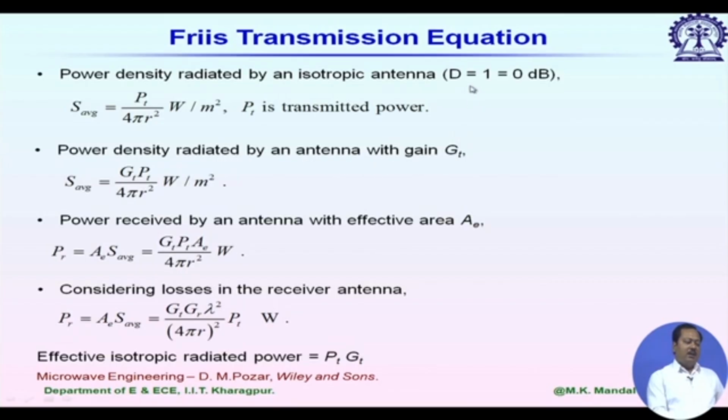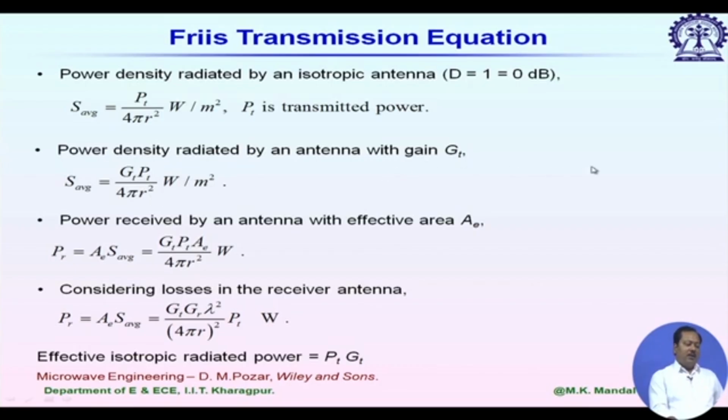Now, the power density radiated by an antenna with gain Gt. In the previous example we considered an isotropic antenna. Now, if the antenna has some gain, in that case it will direct the energy in a given direction. The higher the gain, the more it will direct in that direction. So, obviously we will have higher intensity in that particular direction. So, S average in that case, considering antenna gain Gt, is equal to Gt into Pt by 4 pi r square watt per meter square.